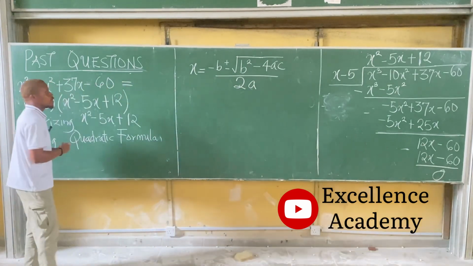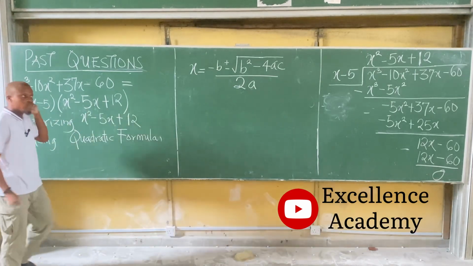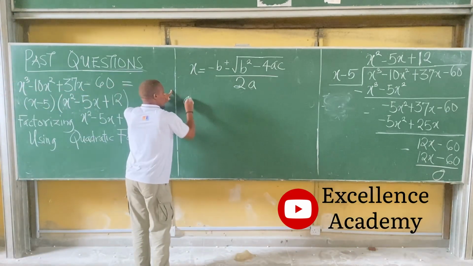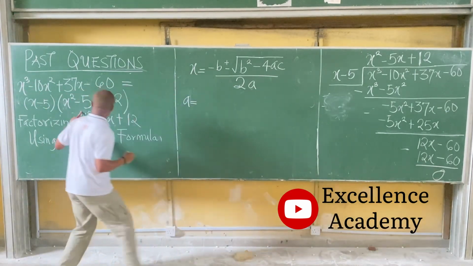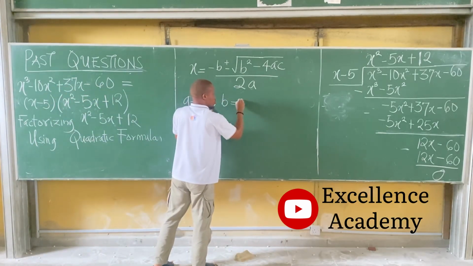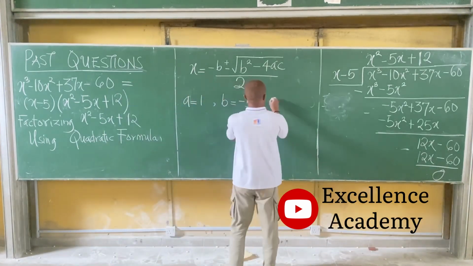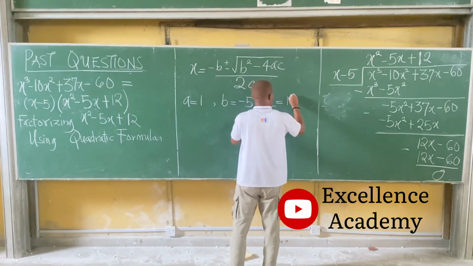Now from our function there, a is equal to 1, b is equal to minus 5, and c is equal to 12.